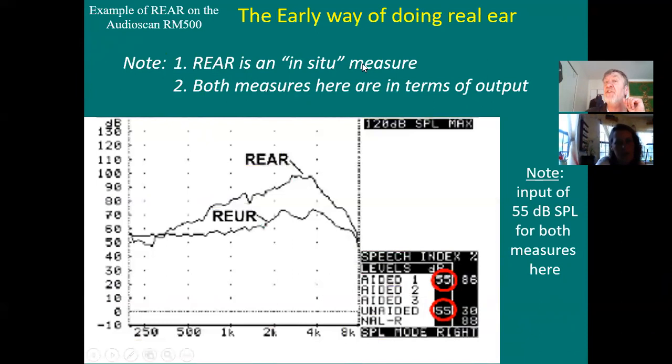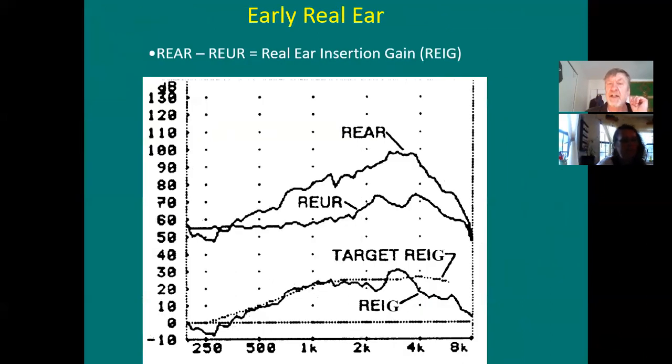REAR is an in situ measure, hearing aid in place, and both measures here are shown in terms of output in dB SPL. Your input is 55 dB SPL for both of these measures, for both REUR and REAR.